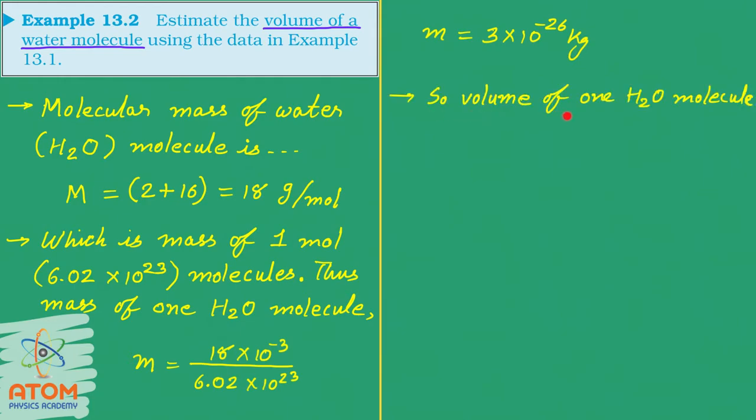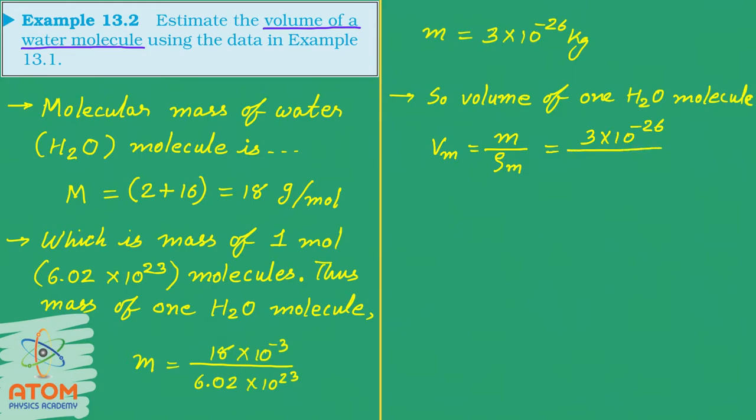So the volume of one H2O molecule can now be written as, let us say, Vm. Then Vm will be equal to mass upon density, that is m upon rho m. Now the mass of one H2O molecule is 3 into 10 raised to minus 26 kilogram.